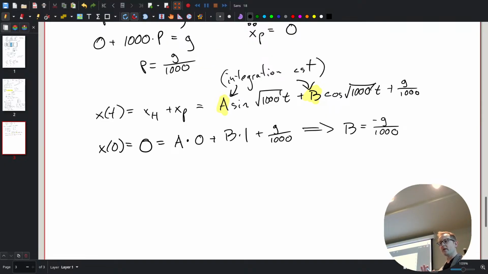Now we got one of our integration constants. I think we've solved it: when we hit the spring, it's going about 3 meters per second. Is that right? Okay. So we know that at time 0, it's doing 3 meters per second. One derivative, we end up with that root 1000 times a cosine.